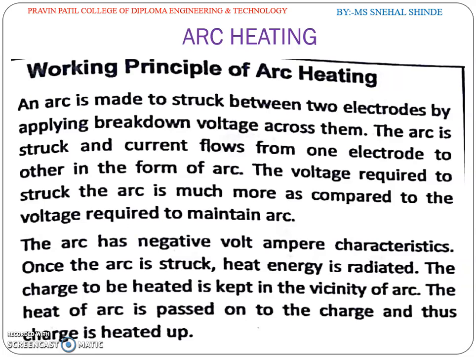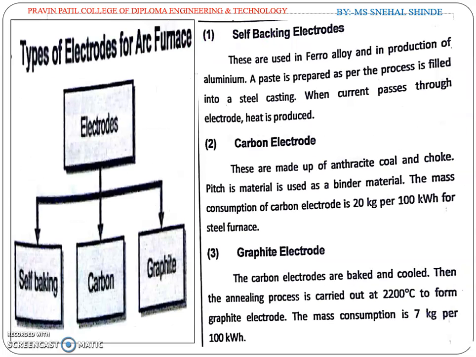Once the arc is struck, heat energy is radiated. The charge to be heated is kept in the vicinity of the arc. The heat of the arc is passed on to the charge and therefore the charge is heated up. Now the types of electrodes used for the arc furnace are self-baking, carbon and graphite.